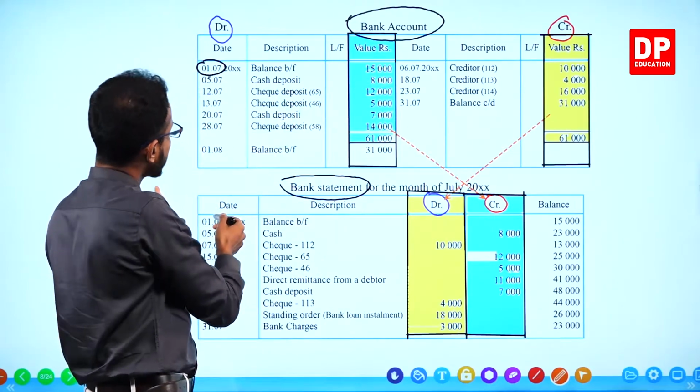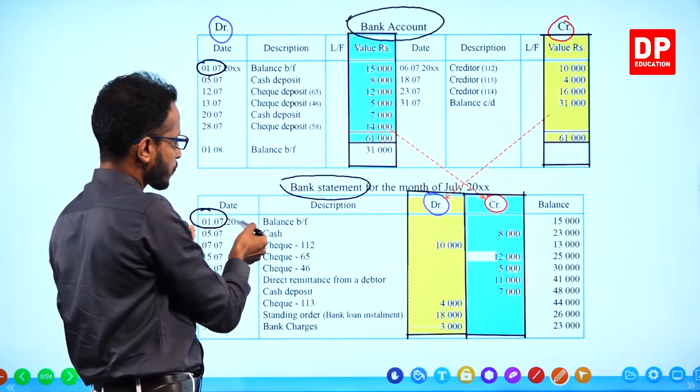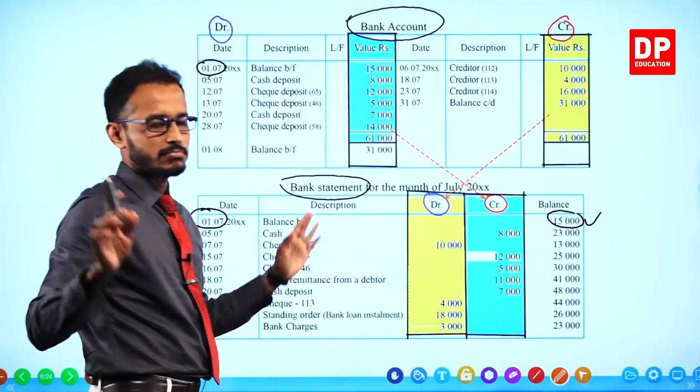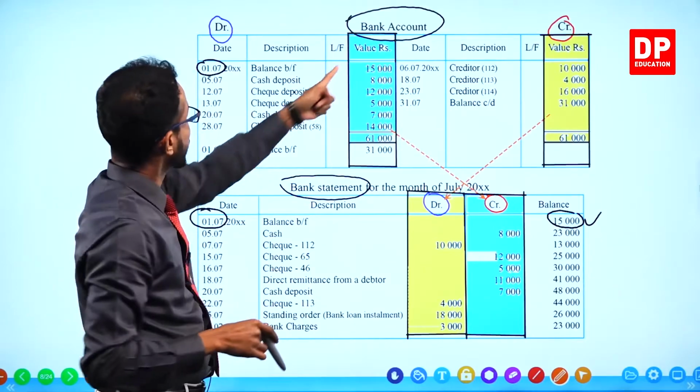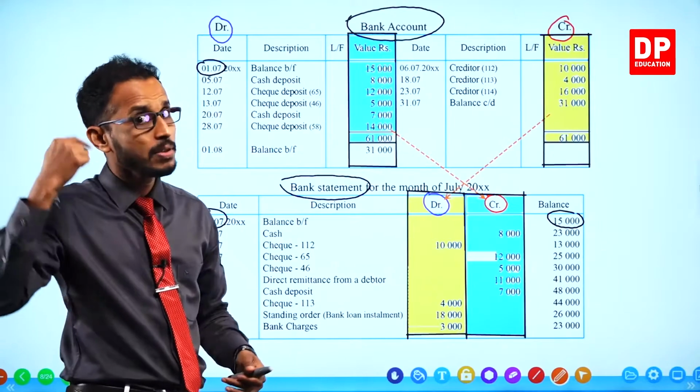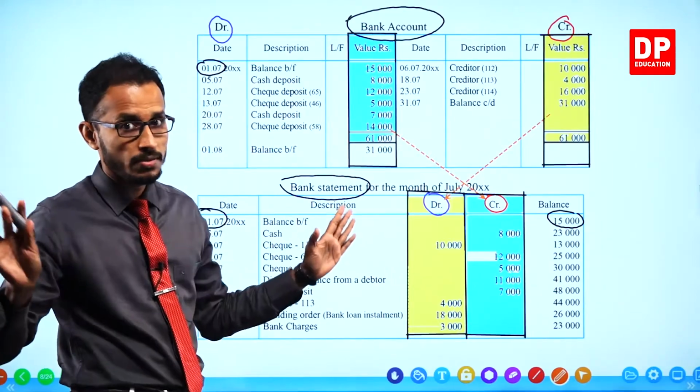Let's check that balance in the bank statement. It should be in the balance column. Yep, it's there, but we don't have to tick that because that is the opening balance. Just remember that the opening balance is correct. No problem in the opening balance.